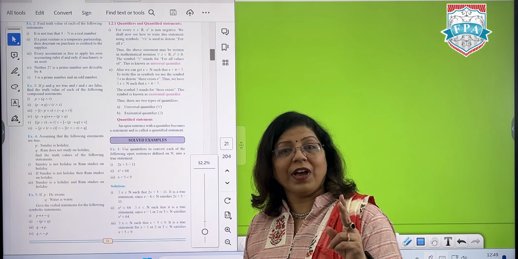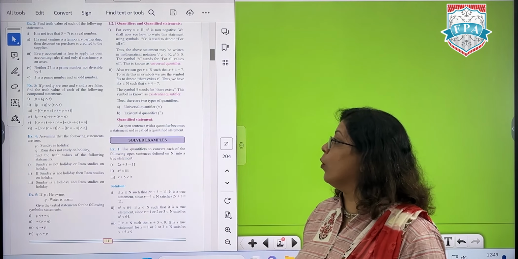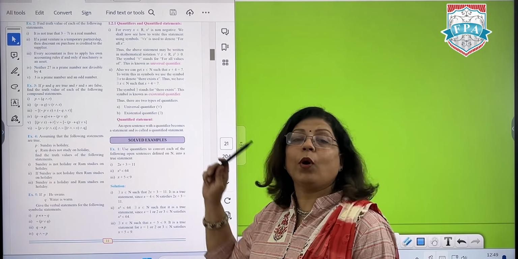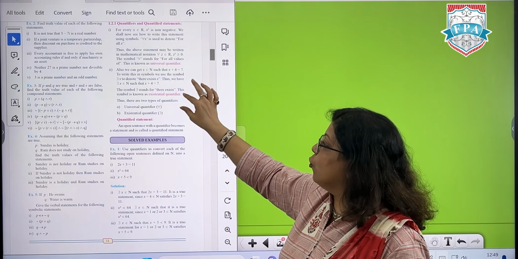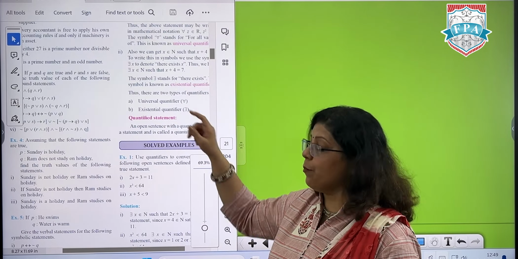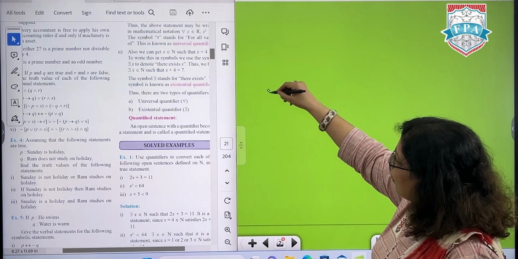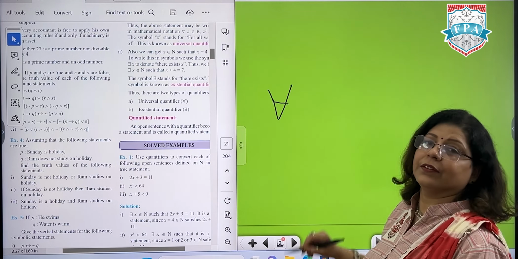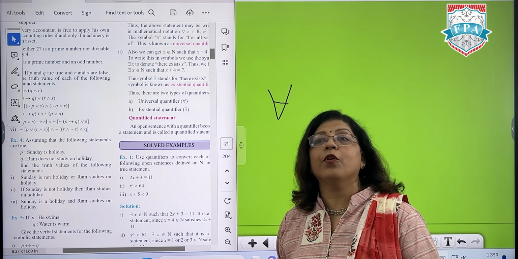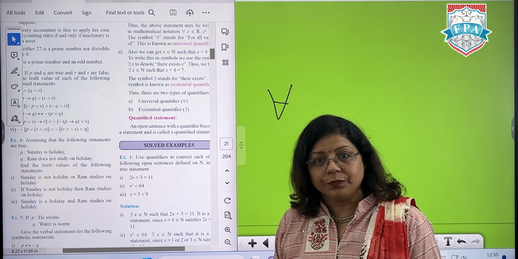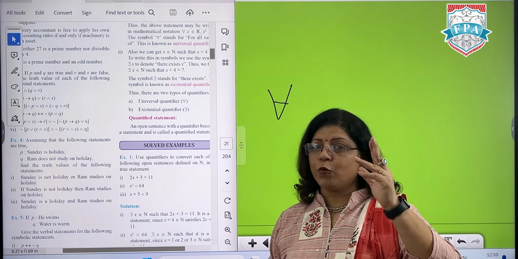So for quantifiers, first let's understand exactly what those quantifiers are. We will learn two quantifiers here. First is the universal quantifier. For the universal quantifier, the symbol we use is an upside-down A. A stands for all the values, so the upside-down A should strike you.